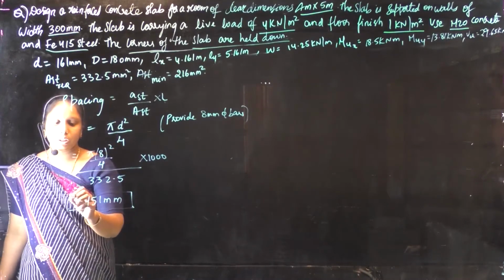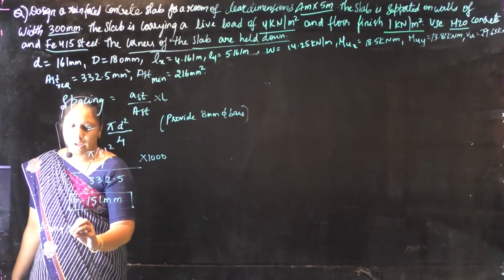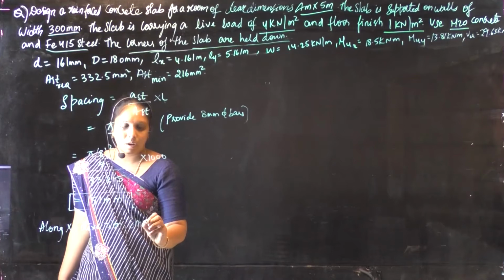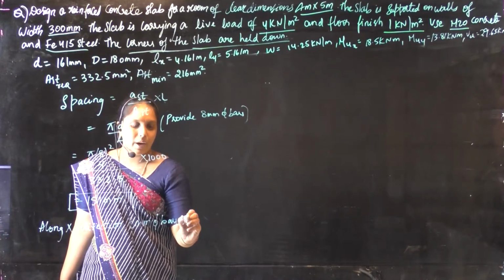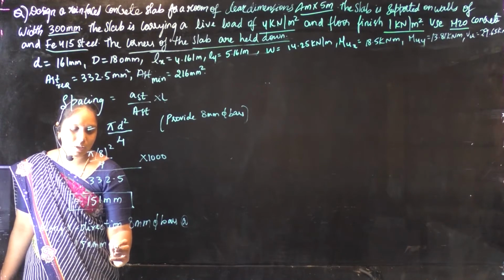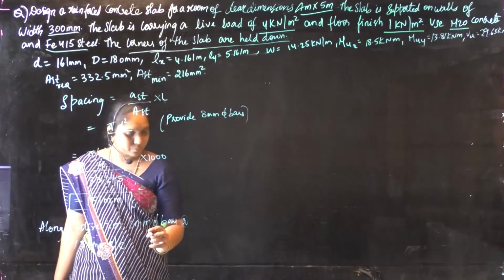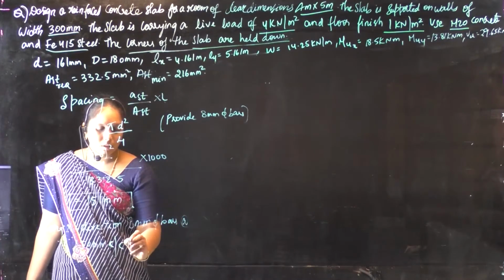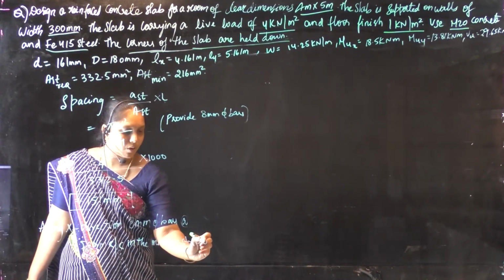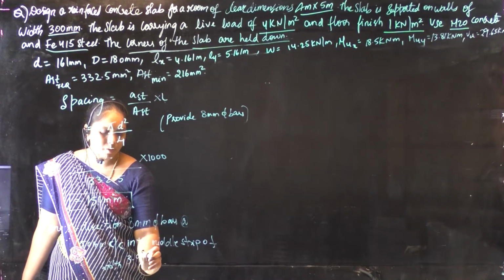Hence, along the x direction we are going to provide 8 mm dia bars at 150 mm center to center in the middle strip of width 3.9 meters.